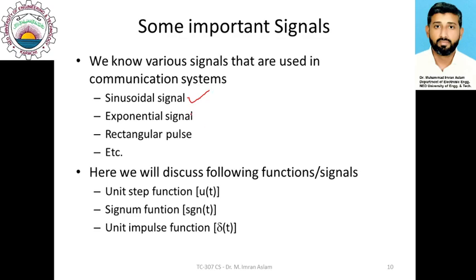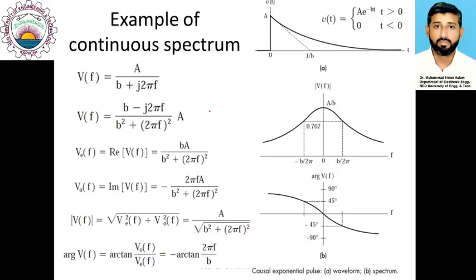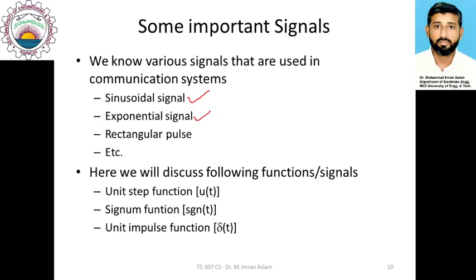Similarly, another signal is the exponential signal, for which the spectrum was shown in the previous slide, and another is the rectangular pulses commonly used to represent bits in digital systems. Here we want to discuss a few new functions which are also very useful in the analysis of communication systems: the unit step function, signum function, and unit impulse function.